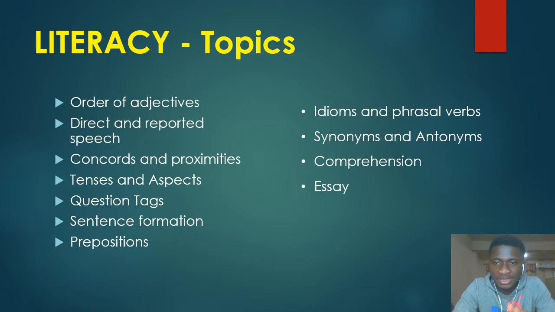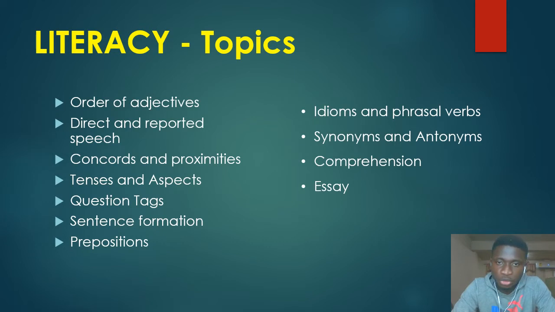Reported speech you can get 3 or 4, concord you can get about 5, and sentence formation you may get 2 questions. Prepositions you can get 4 or 5 questions as well.